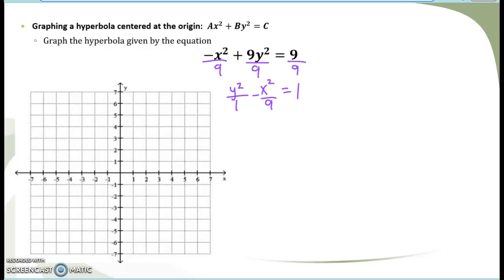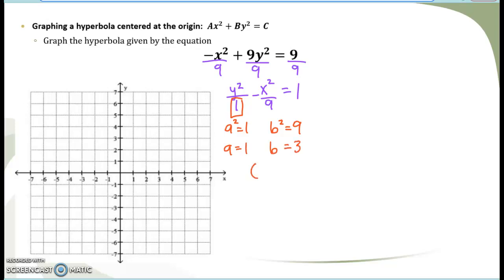So we can see here's an example of where a squared looks smaller than b squared, right? A squared equals 1 and b squared equals 9, but it is a underneath the y squared because the negative is attached to the fraction that has the x squared term. So here's my equation, which means a equals 1 and b equals 3.